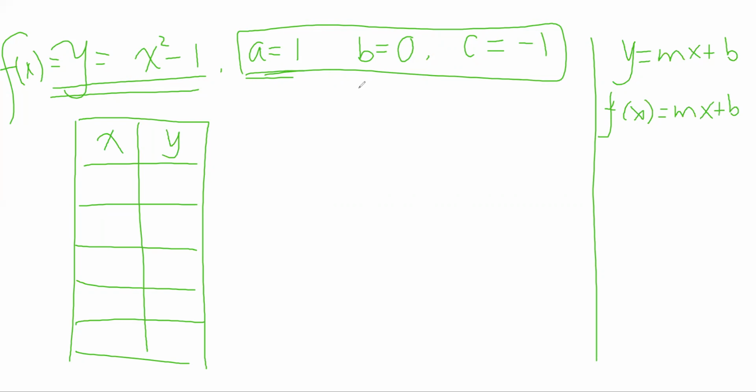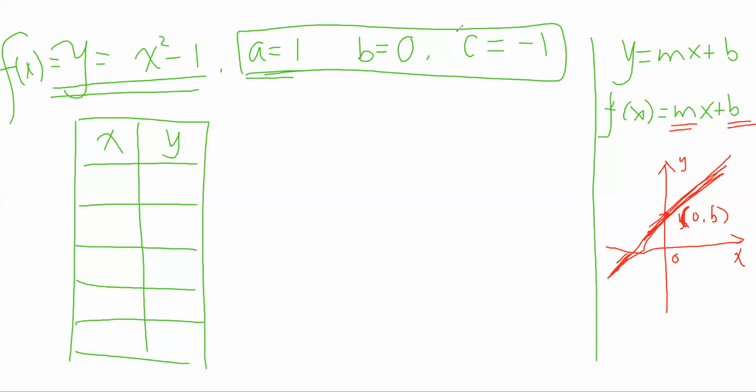We also use a table. Here m is the slope and b is the y-intercept, right? Generally we can graph it like this: the y-intercept is where x equals 0, so y equals b. And the slope is m.